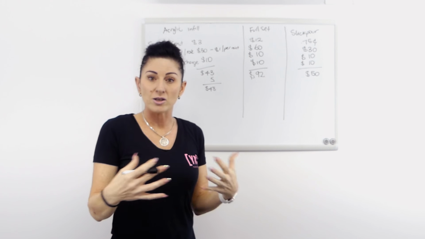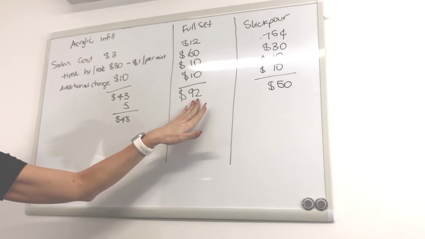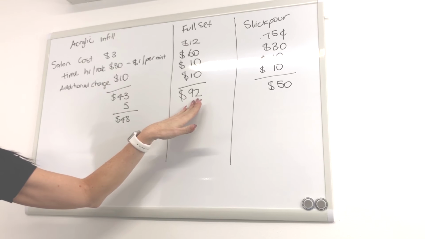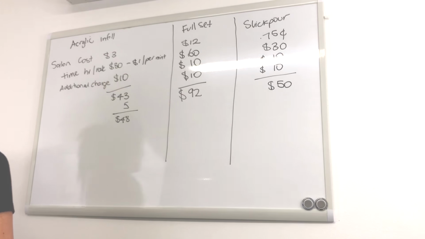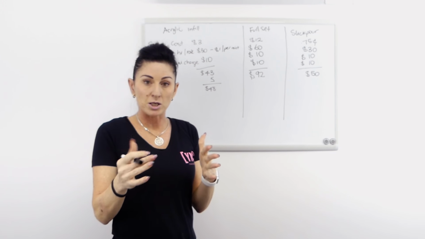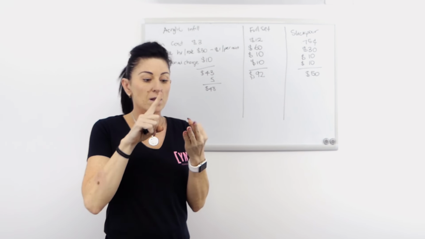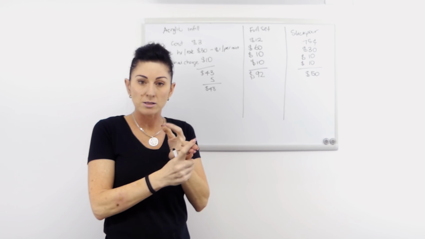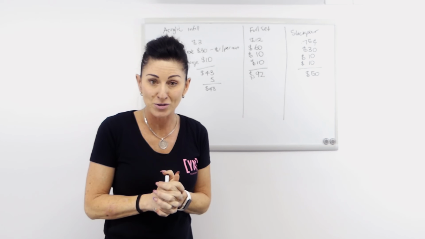And that's not how you succeed in this industry. So if you have your prices set too low, all that is going to chip in to your hourly rate that you're paying yourself. So make sure that you can establish the raw cost, the time that it takes, and all your additional charges, and then that's where you're going to work out your salon costs.